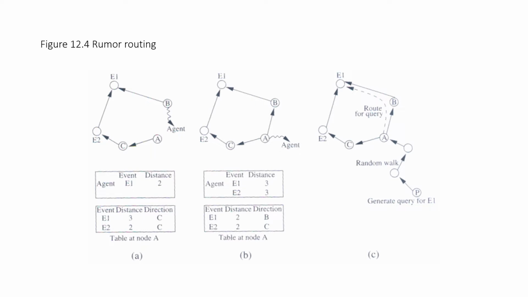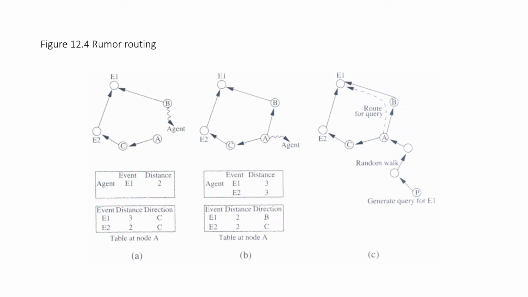See here, the rumor routing diagram. This is the agent. Through the agent we can do routing. Suppose you see the table of the agent: E1, distance is what? For E1, that is 1 and 2. And the event we want to go to is C. Direction is C, that is 3. 1, 2, 3, like that.